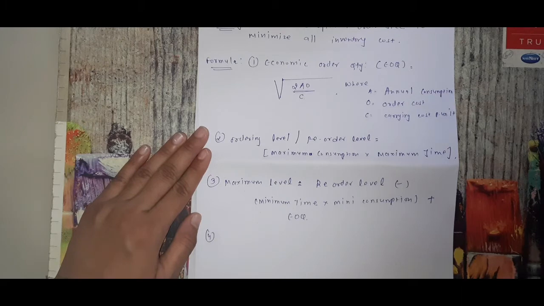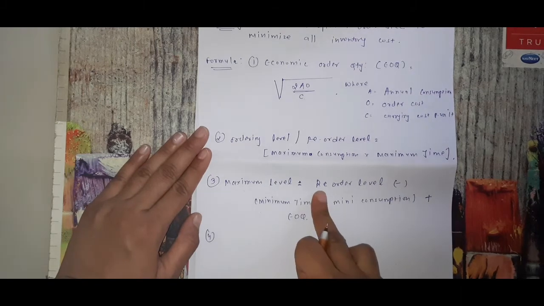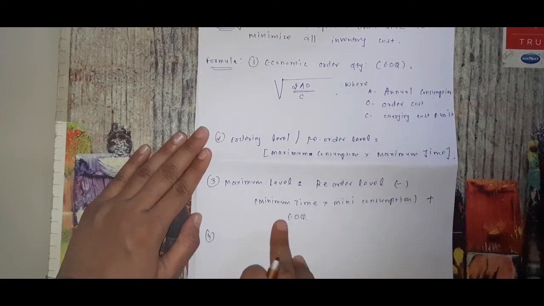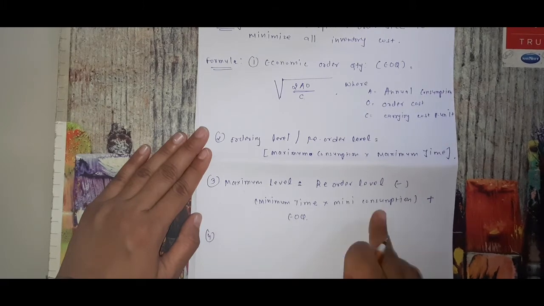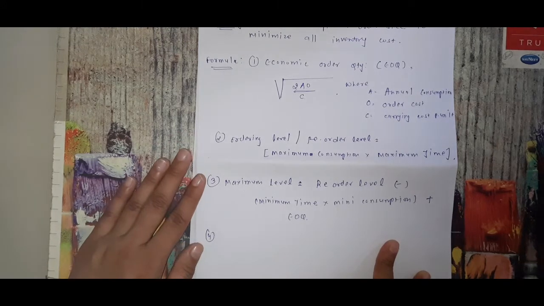So what is formula of the maximum level? It is a reorder level minus minimum time into minimum consumption plus economic order quantity.